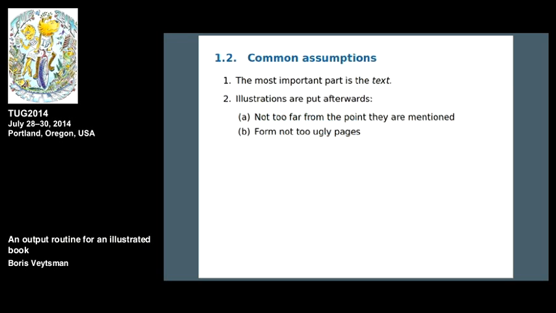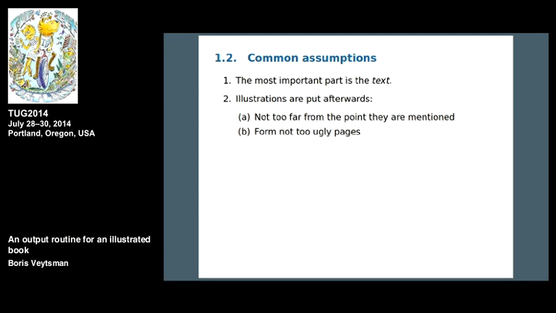Now, I would say that all the output routines, all the algorithms used in output routines, have the same common assumptions. And the assumptions are that you have text, and this text tells you the story. And as an afterthought, you have some illustrations which you should stick somewhere, and you say, okay, I don't want to put an illustration too early, I don't want to put it too late, it should be somewhere close to the point where my text is, but still my pages should be nice.